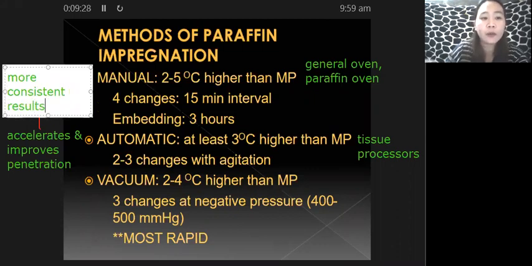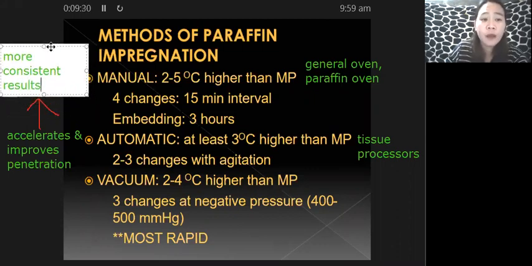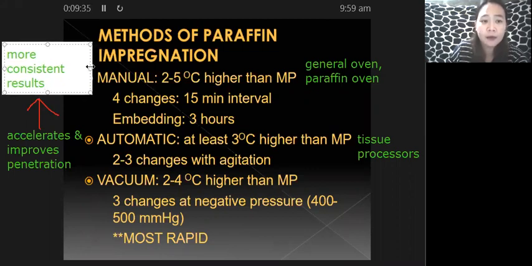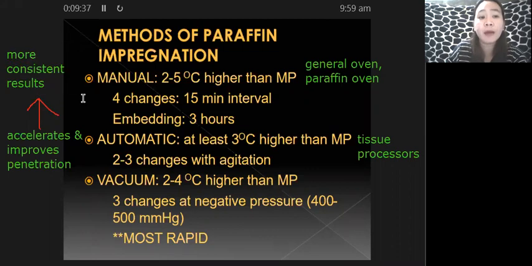Just like what I have mentioned previously, if you compare your manual and your automatic processing, in manual there is subjectivity in the performance of the procedure because it will differ from one personnel to another. This is something that really exists in the laboratory.